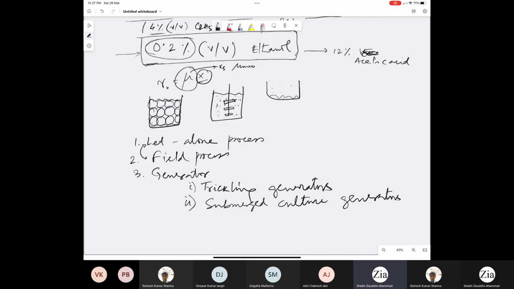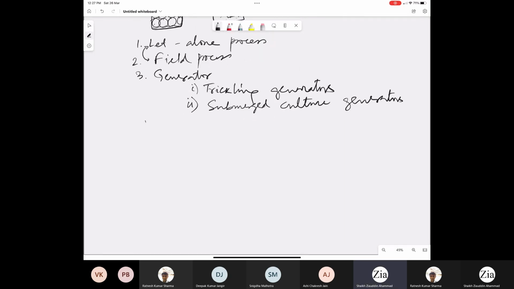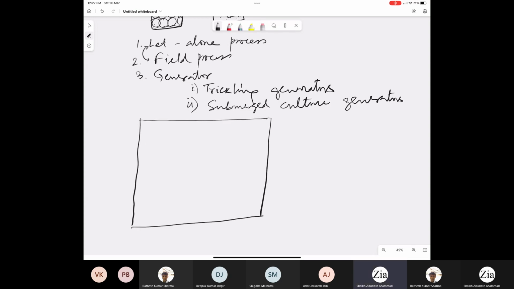So trickling generators are actually the traditional reactor. They are very large cylindrical reactors, and then they will have a perforated plate, and this plate is also made of wood, a wooden perforated plate.